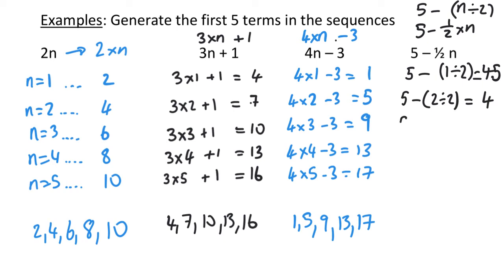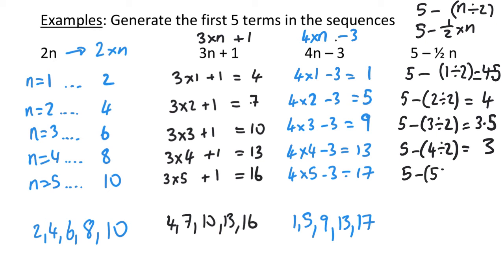When it's 3, it's going to be 5 take away 3 divided by 2, which is 5 minus 1.5, which is 3.5. When n is 4, 5 minus 4 divided by 2, which is 5 minus 2, which is 3. And then 5 minus 5 divided by 2. 5 divided by 2 is 2.5. 5 take away 2.5 is 2.5. So our sequence there is 4.5, 4, 3.5, 3, 2.5.